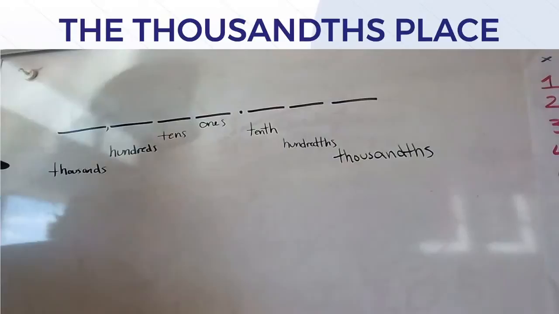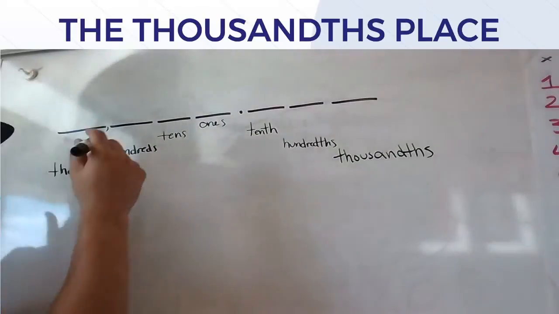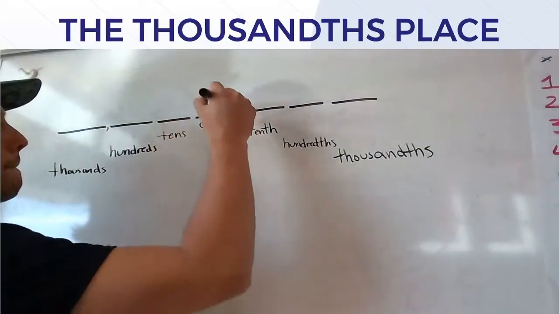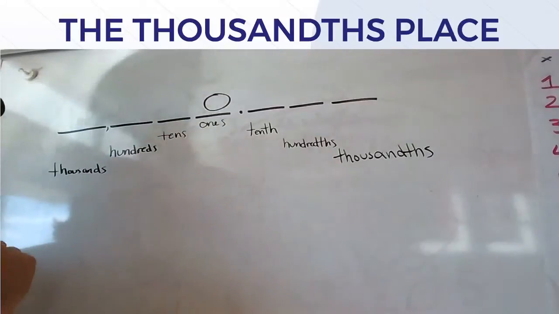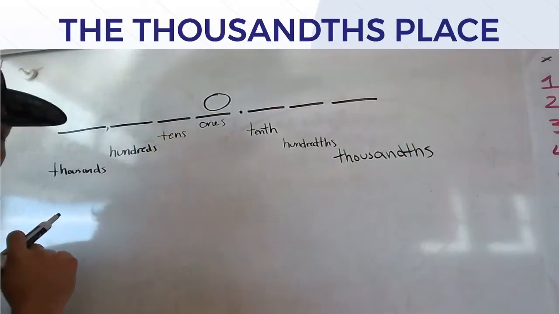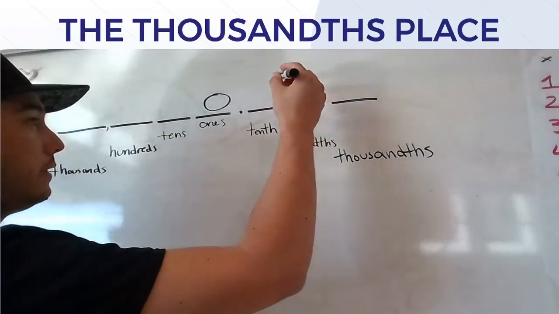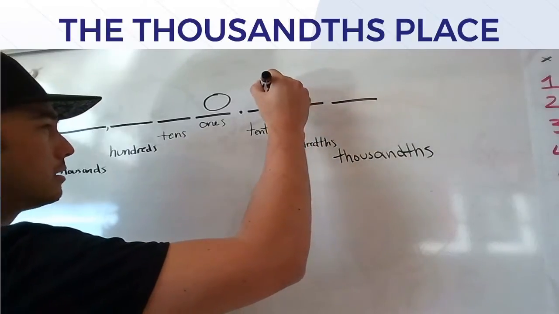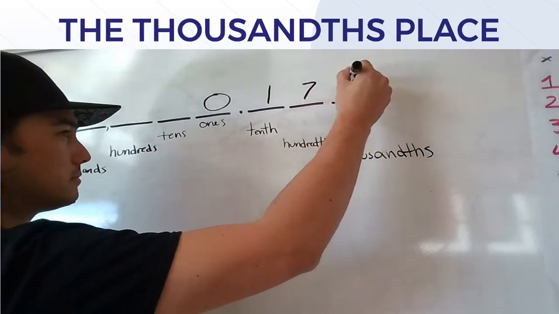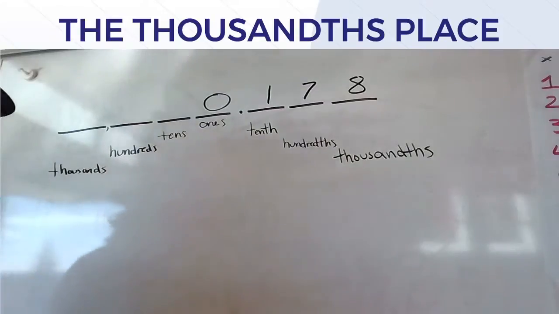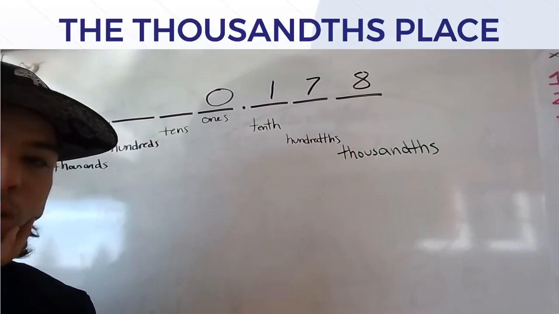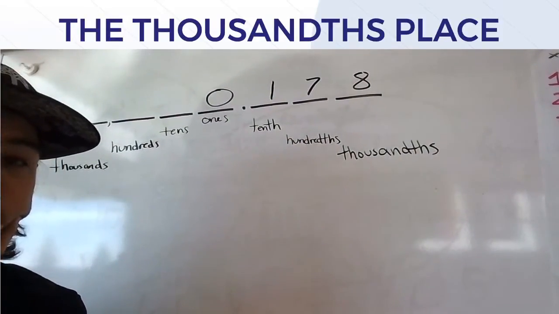How many places over? So if you have something like, we'll keep it at 0. Just to make things easier, we can focus on the decimal point. And then we had something like this. What would we call this decimal?